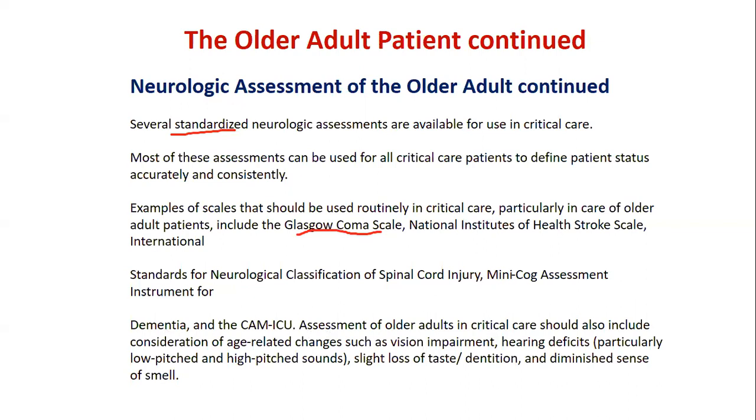So next, assessment of the older adult in critical care should also include consideration of age-related changes such as vision impairment, hearing deficit, right? Vision, hearing, particularly low-pitched or high-pitched sound, loss of taste, diminished sense of smell.